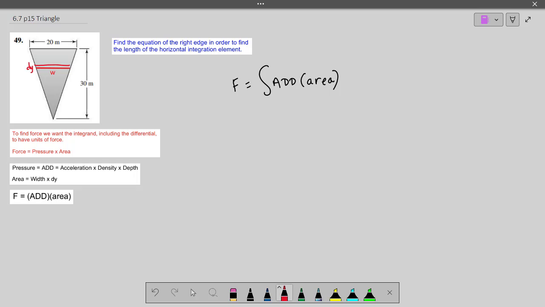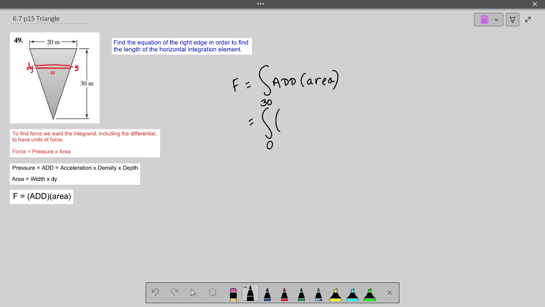So this is at a random y value right here. And let's fill in some of these blanks. Limits of integration: 0 to 30. We're going to have strips all the way across from 0 to 30.